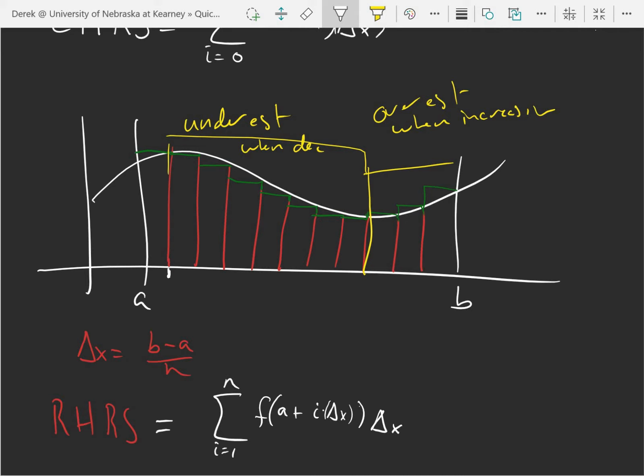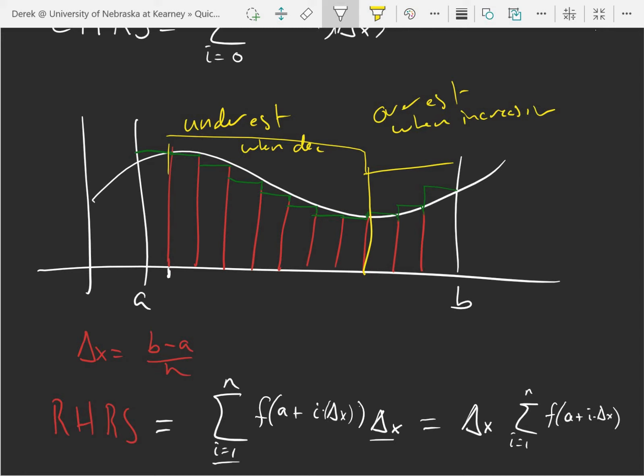So it's pretty much exactly the same sum that we computed before, only where do I start my summation? Do I start at 0 and end at n minus 1, or do I start at 1 and end at n? Okay. So this is my right-hand Riemann sum. And I didn't show you before, but since this delta x is constant, you can pull that delta x out front and just take the sum from i equals 1 to n of f of a plus i delta x.